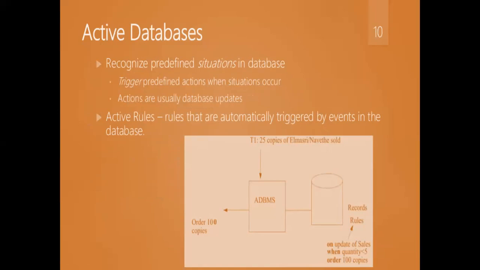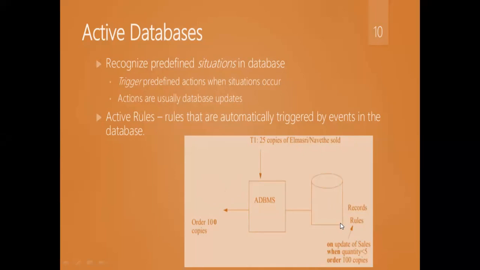Means we are defining some set of rules like triggers, and we are saying what actions we need to take when that situation occurs. So active rules are rules that are automatically triggered by events in the database. You can see here the active DBMS maintaining some records. So what it's saying, these 25 copies are already sold. Here in the last diagram, we have seen we were having stock updates, means external clients are being maintained as stock updates here.